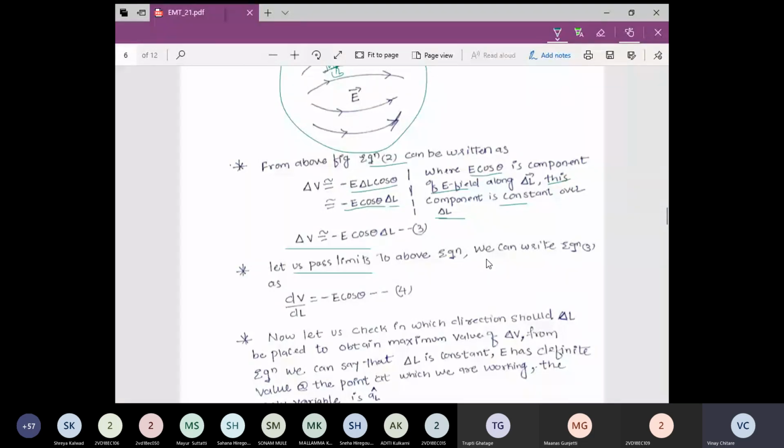Then we can write equation 3 as dV by dl equal to minus E cos theta.